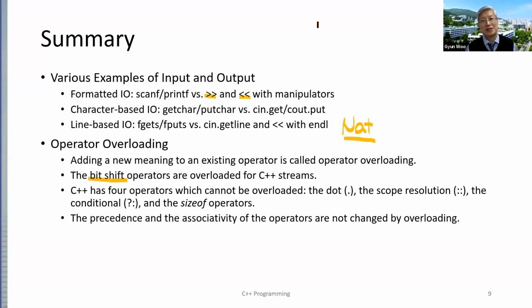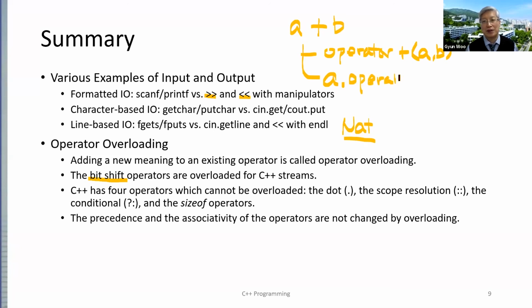And some question is, what is the difference in the implementation of A and B? For the symmetric or global implementation, those are overloaded as operator plus A and B. But for member functions, you should remember that the first left operand is an implicit operand for the operator plus.